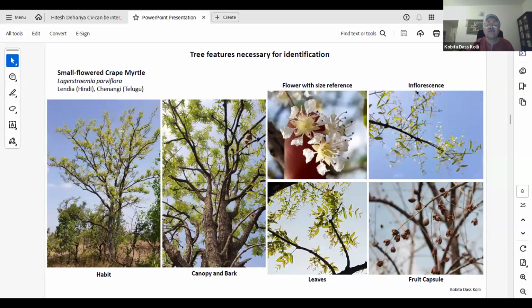So if you can get the habit picture, please do take it. This is a Lagerstroemia, what we call a small flowered crepe myrtle, which is a jungle tree. Then you can take a picture of the canopy, which we can zoom in on and perhaps see the leaves. If there are flowers, do take a picture of the flowers.